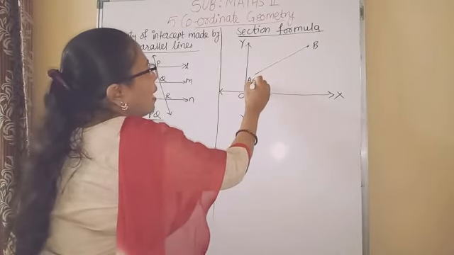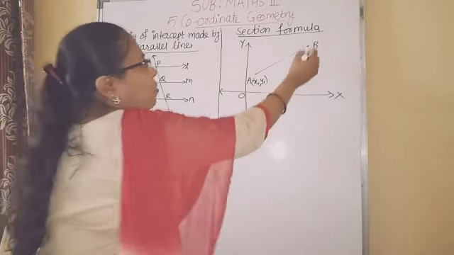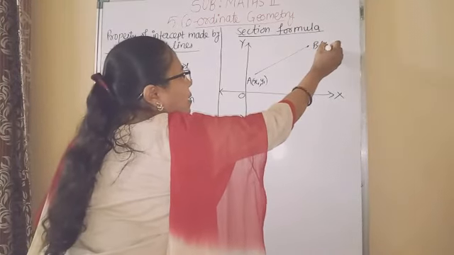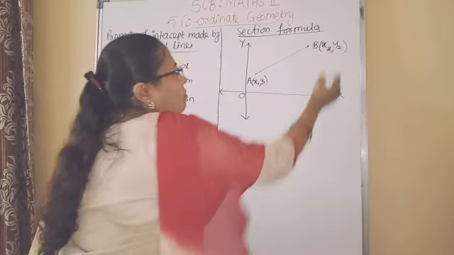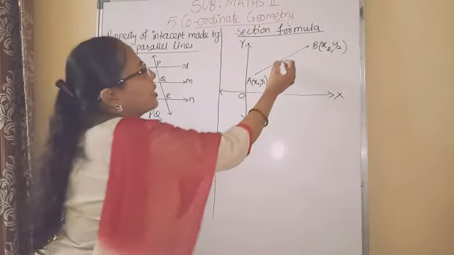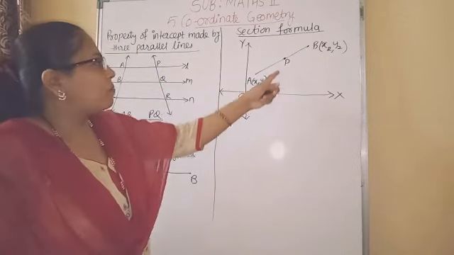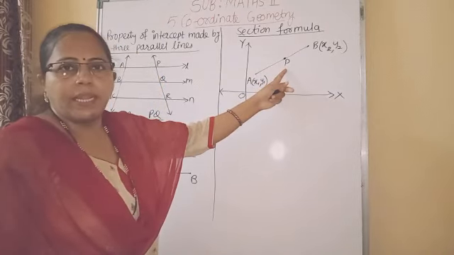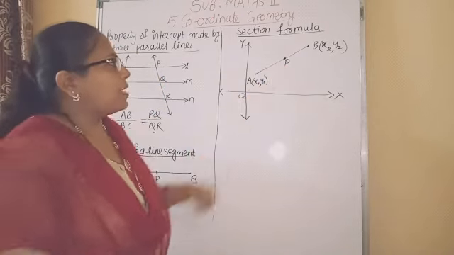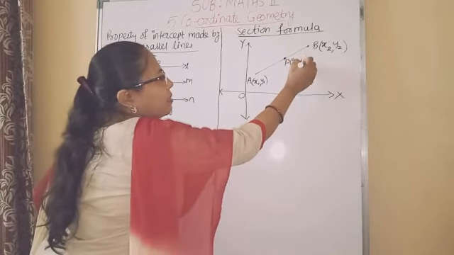Coordinates of point A are x1, y1 and coordinates of point B are x2, y2. On this line segment point P is there, and we have to find the coordinates of point P. So let me assume the coordinates of point P be x and y.